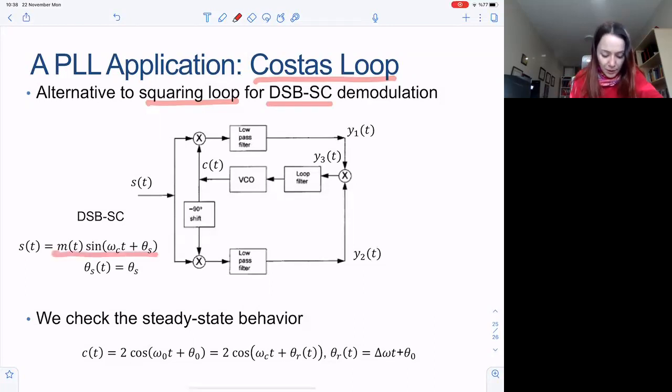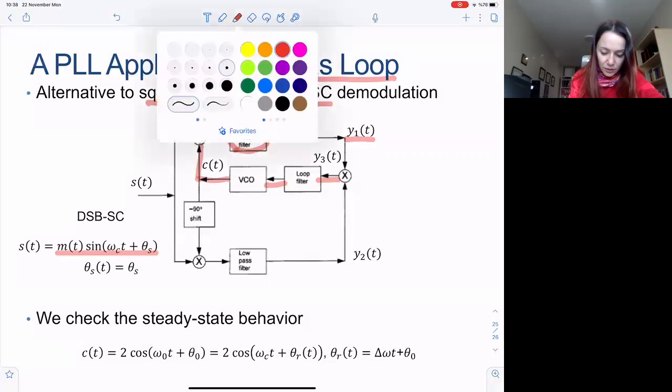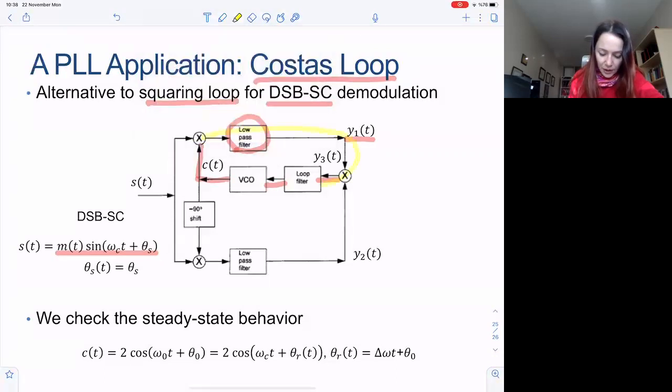So the double sideband suppressed carrier comes into the demodulator. What do we do? Well, there is a low pass filter here that produces Y1 of t, which is filtered and fed into the VCO. And that forms the carrier. So this is the carrier extraction loop here.